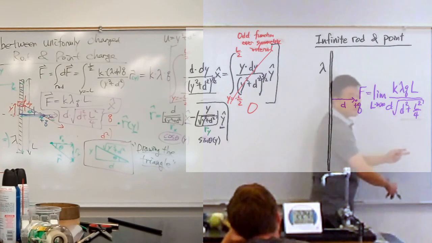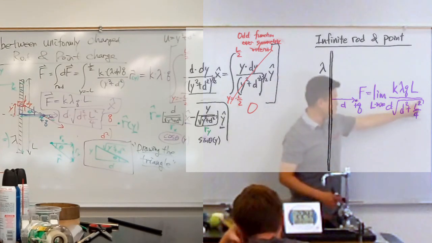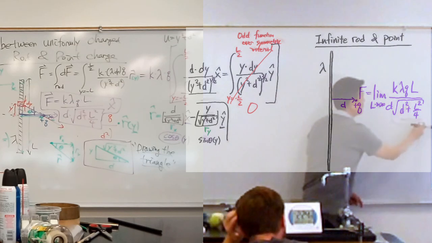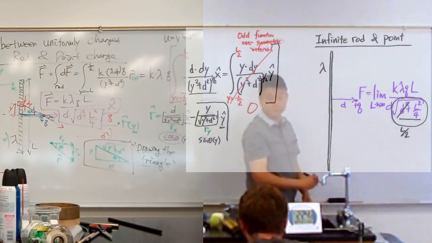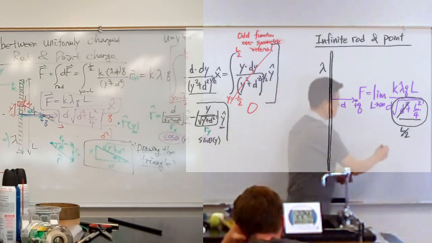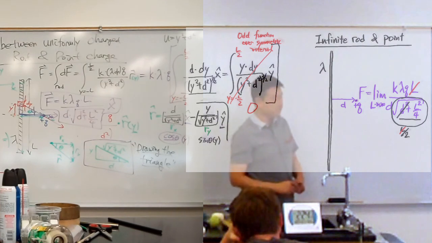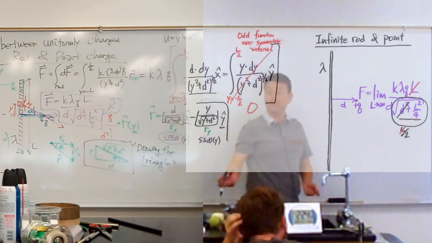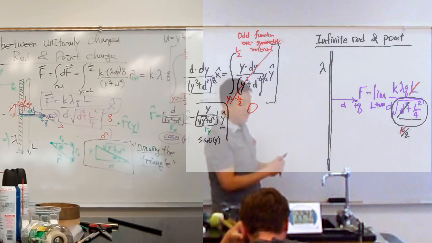When it's being added to something infinite, you can ignore it. So you have square root of L squared over 4, so this whole quantity is actually equal to L over 2. This L cancels with that L, which is good because I don't want anything going infinite in my final expression. So I end up with a finite amount of force.